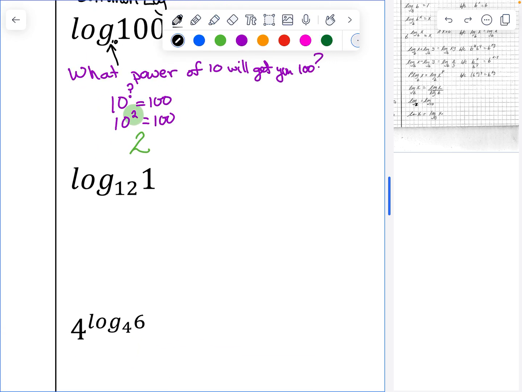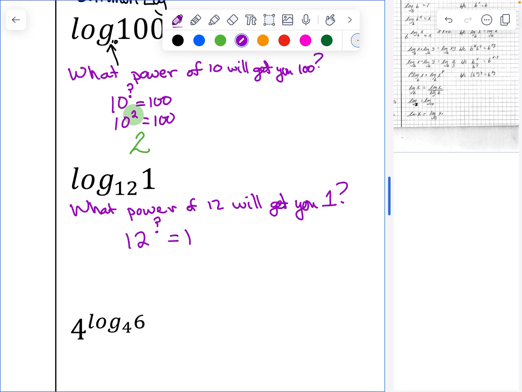This one says, what power of 12 will get you 1? So in other words, 12 to what power is equal to 1?